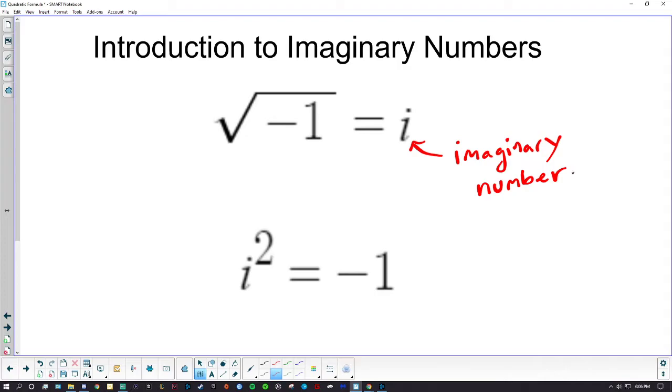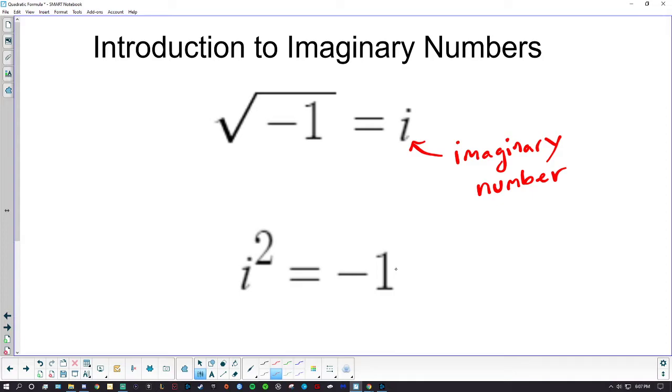Okay, and you're going to get an imaginary number whenever you take the square root of a negative number. It's not just -1, but anytime you take the square root of a negative number, you get an imaginary number. And we use i. i is treated a lot like a variable, so you can have 2 i's, 3 i's, 4 i's. So you kind of treat it like a variable, but what it means is it's an imaginary number. Another thing that's really interesting, if you take an imaginary number, i, and you square it, it's actually -1. i squared is -1.